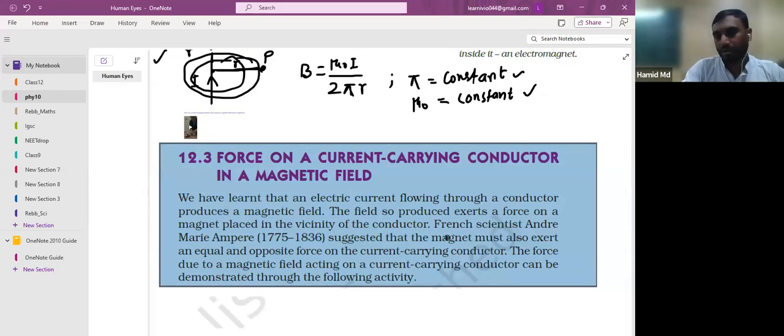Just write all the sentences. French scientist Andre Marie Ampere suggested that the magnet must also exert an equal and opposite force on the current carrying conductor. The force due to the magnetic field acting on the current carrying conductor can be demonstrated through the following activity. That experiment was the activity. Clear?